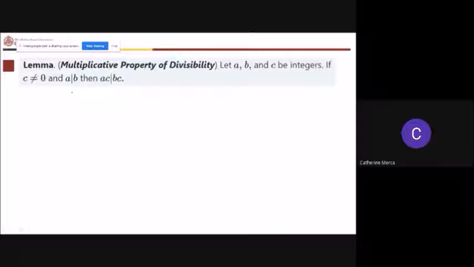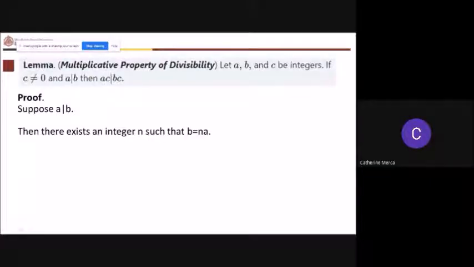So how are you going to do this? Similarly, you come up with the proposition which is a divides b. You would like to have ac divides bc. Anong dapat natin i-introduce? If a divides b, then you have b equals a quantity n times a, where n is supposed to be your integer. Kailangan natin ng ac divides bc.